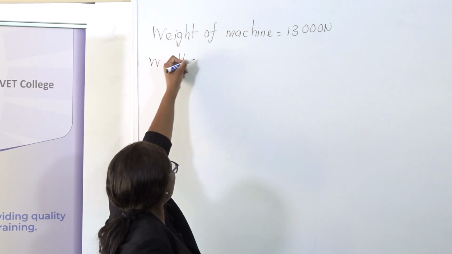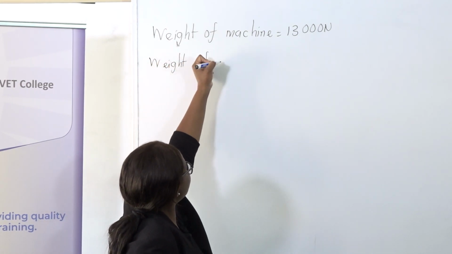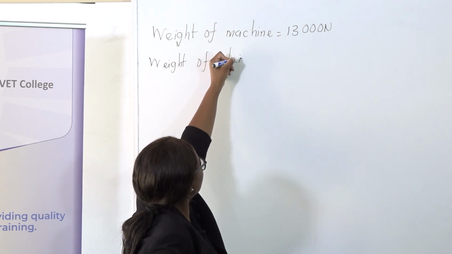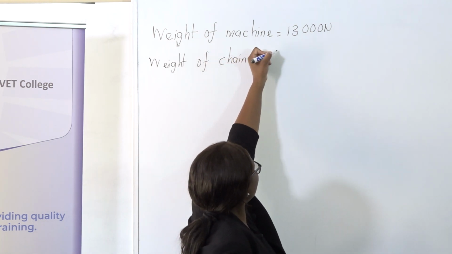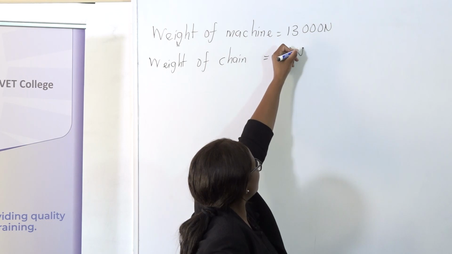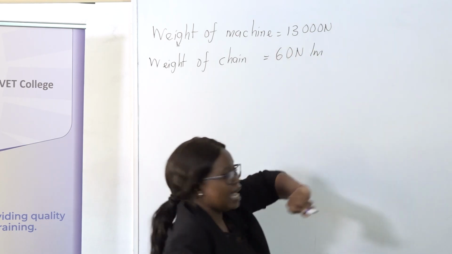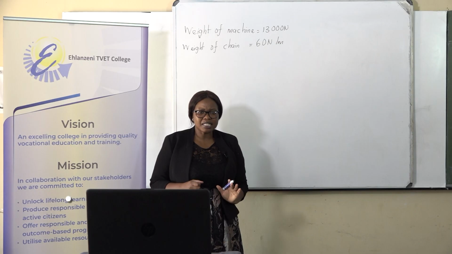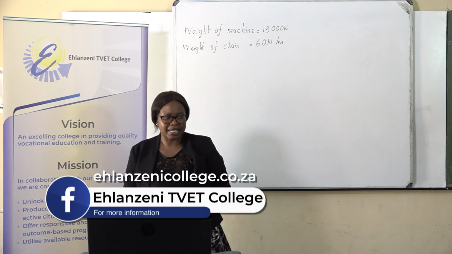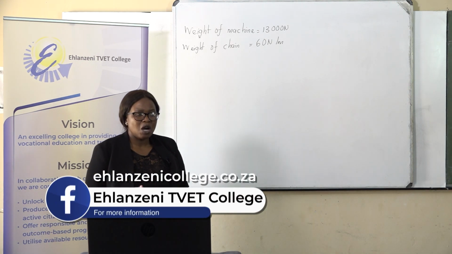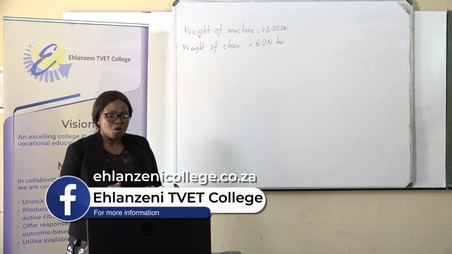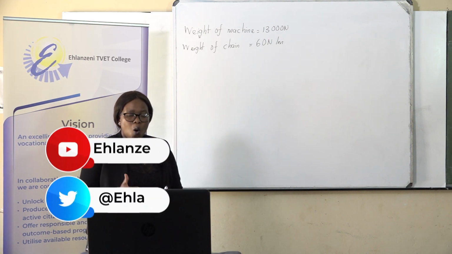We are given 60 newton per meter. Let's pause there. What are we saying when we say 60 newton per meter? We are saying that this weight of 60 newton is for 1 meter.